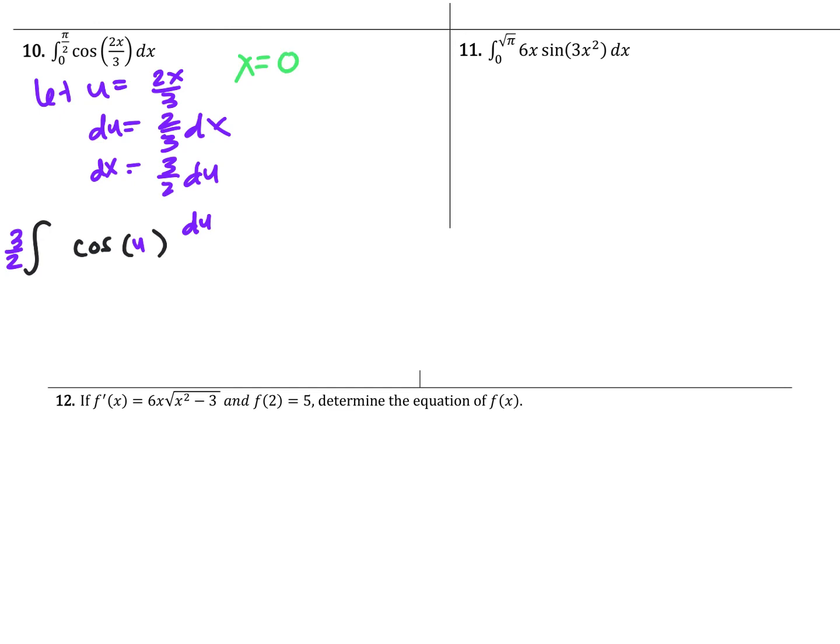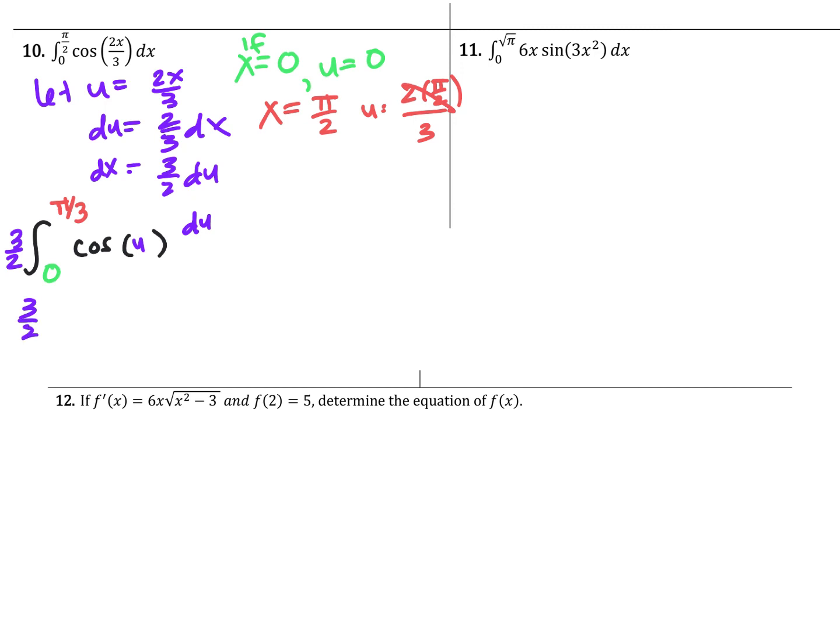If x is equal to 0, then u is going to be equal to 2 times 0 over 3, which is also 0. If x is equal to pi over 2, then u is going to be equal to 2 times pi over 2 divided by 3, which is just going to be pi over 3.